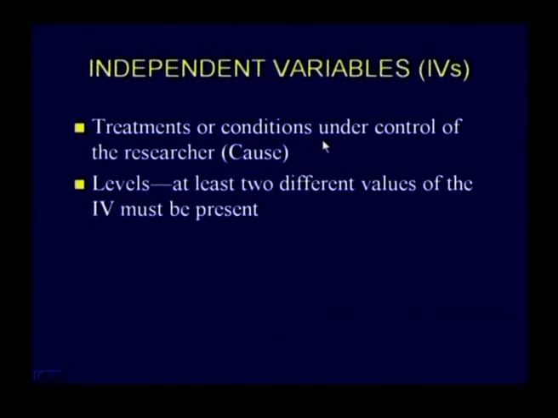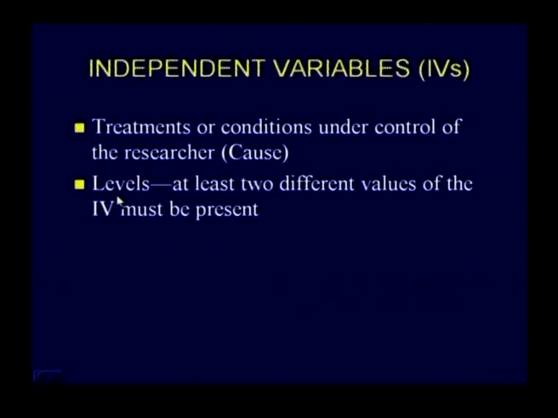Now what is independent variable then? Independent variable includes the treatments or the conditions under control of the researcher, the causes. Those are called independent variables because the researcher can manipulate those variables, and there should be at least two different values of independent variable.